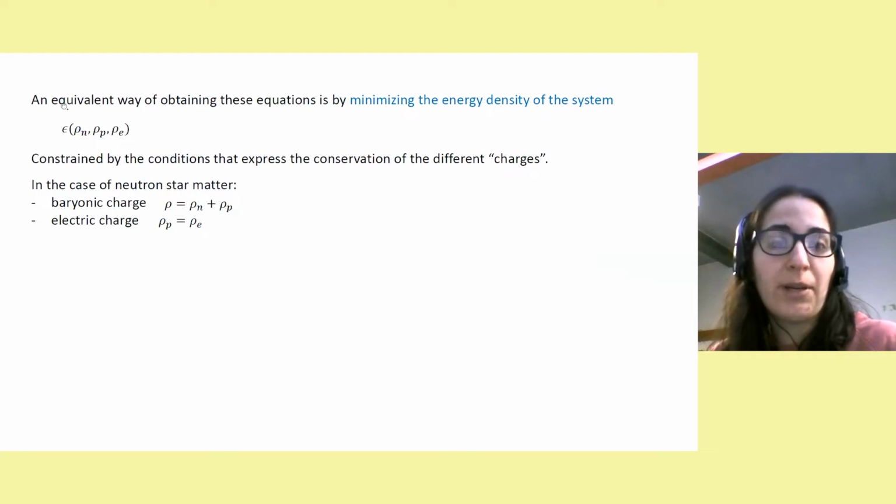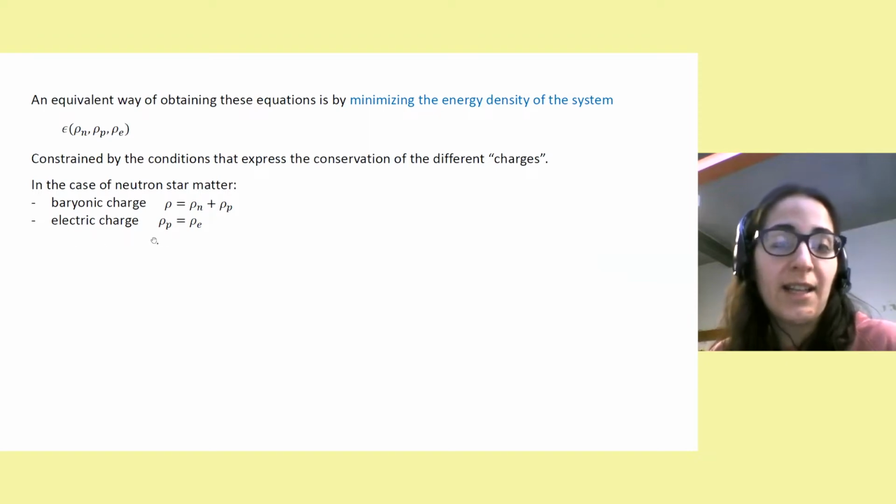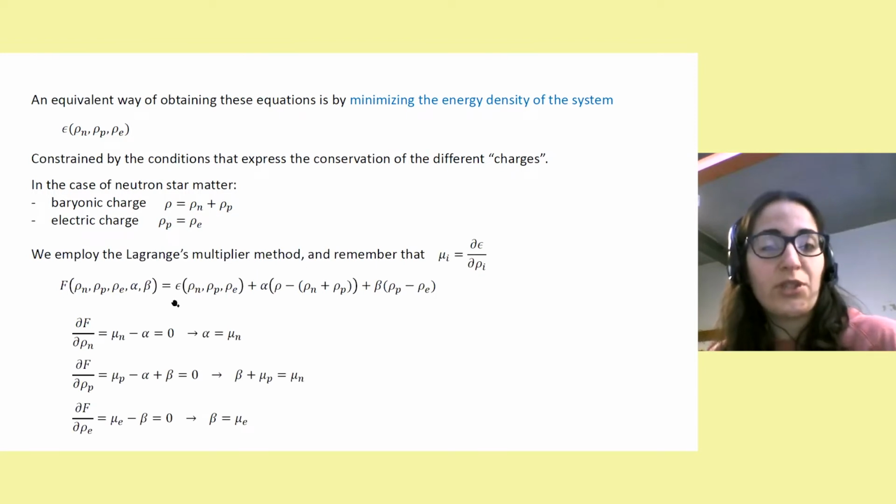For example, if we have a parameterization like the one we were given in the exercise, we can minimize this energy density imposing some conditions, okay, and these conditions are the conservation of baryonic charge and electric charge, okay? So in the case that we have neutrons, protons, and electrons, they read like these restrictions.